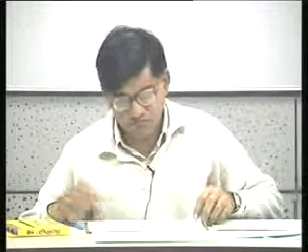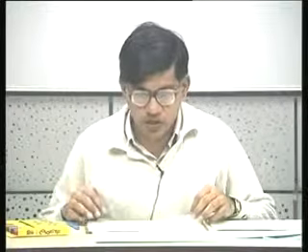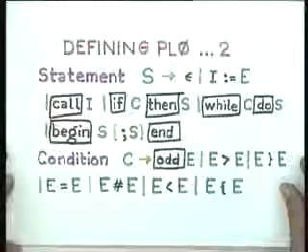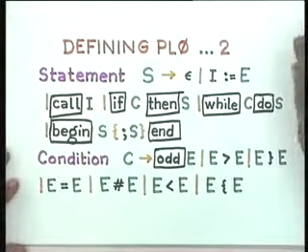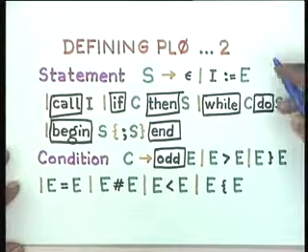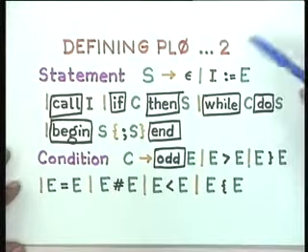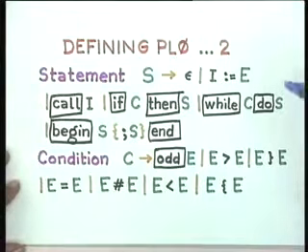Declarations of various kinds specify values or types or functionalities, as in the case of procedures. Statements is a particular syntactic or grammatical category which is specific to imperative languages, and PL0 is an imperative language because it's based on state changes.